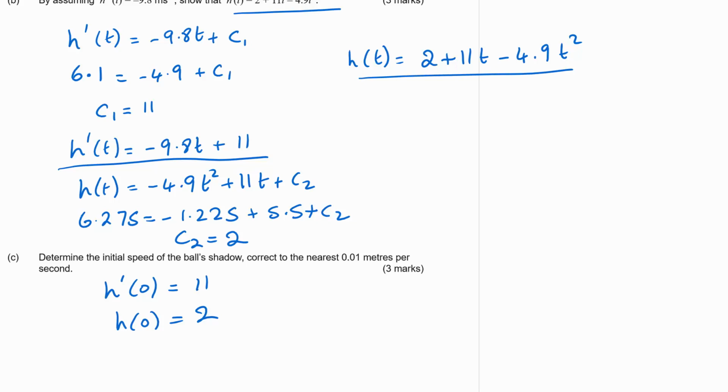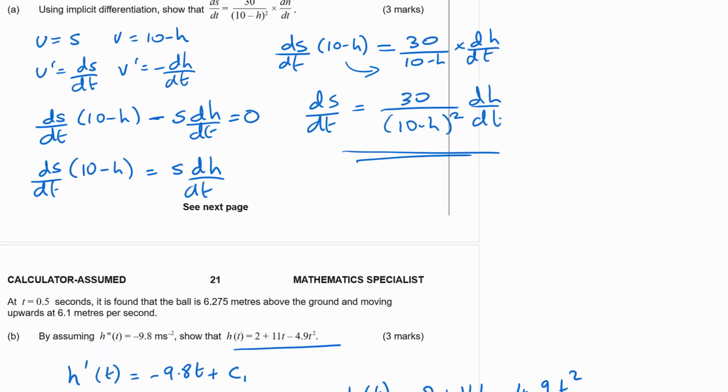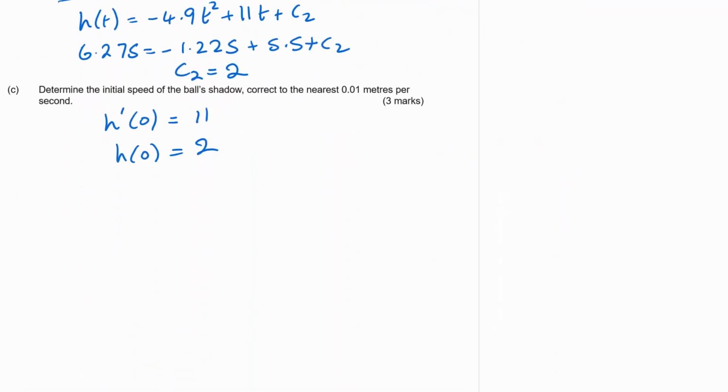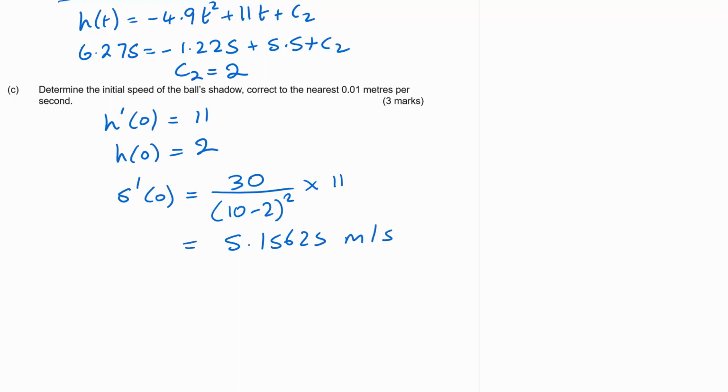Then we can substitute into the expression that we had before, because we now have dh/dt and we have the value of h. So that's going to give us that s dash naught is 30 over (10 minus 2) all squared times 11, which if we calculate is 5.15625 meters per second, or to the nearest 0.01 as required, 5.16 meters per second.